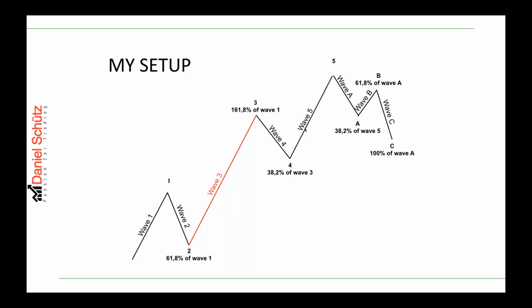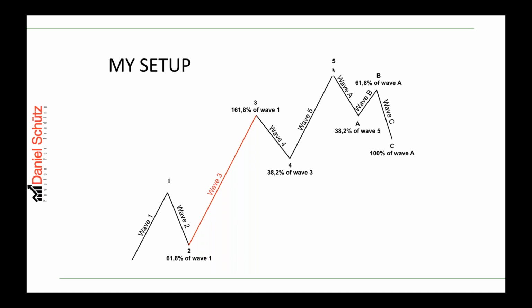And then wave 4 is usually a 38.2% retracement of wave 3. Then we have wave 4. I already told you wave 5 can fail, so I do not trade this wave 5.